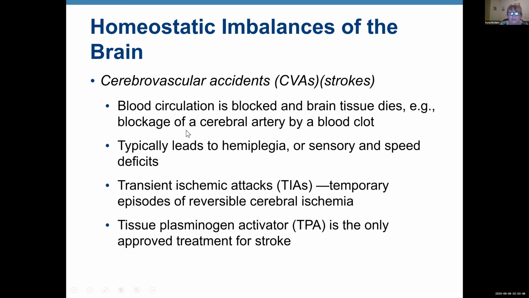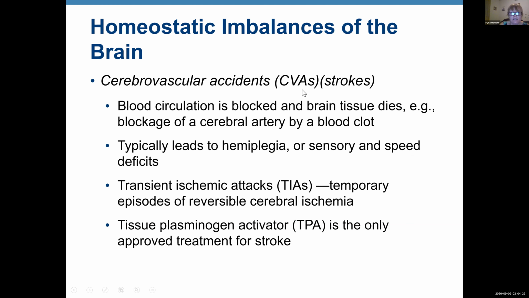When blood circulation is blocked and brain tissue dies, for example, blockage of a cerebral artery by a blood clot, it typically leads to hemiplegia. Hemiplegia means only one side of the body is affected. So if the patient has a problem with the left side or right side, sometimes there are sensory and speech deficits.